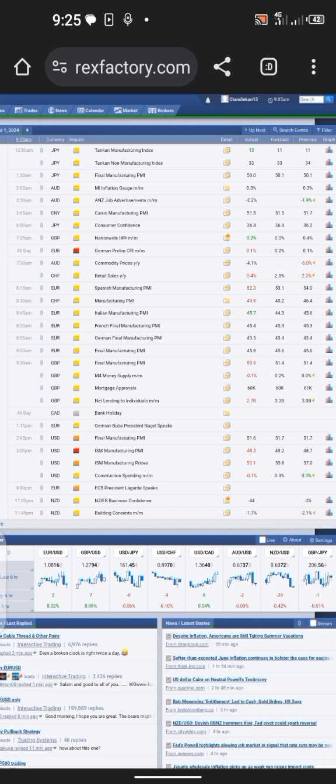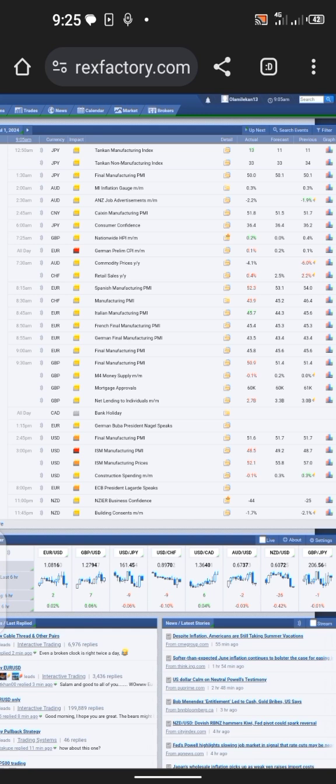Number 1, the central bank's role. Central banks like the Federal Reserve in the US or the European Central Bank control monetary policy. They use tools like interest rates and open market operations to influence economic activity and maintain stability.